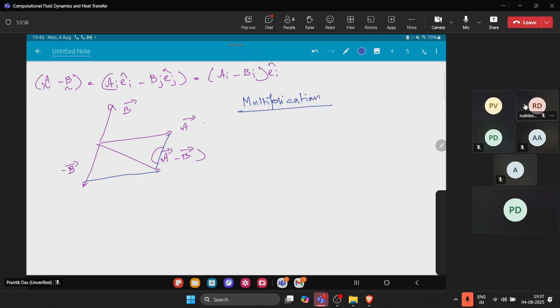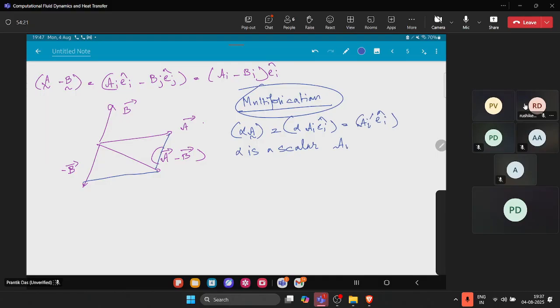So there is another operation which is called multiplication. Multiplication is when I want to multiply a vector by a scalar, where alpha is a scalar. So alpha times ai ei cap, and this one is ai prime ei cap. Okay.